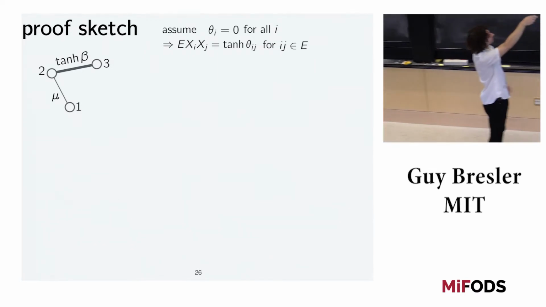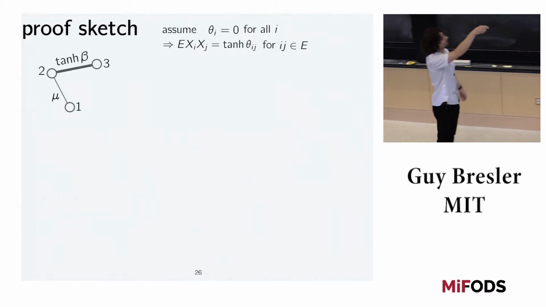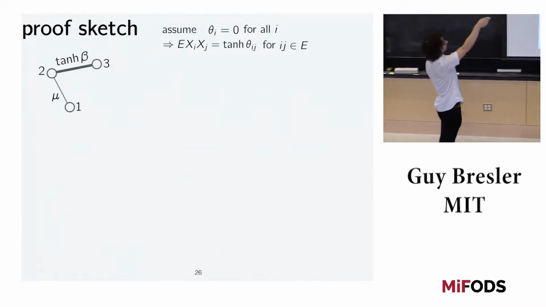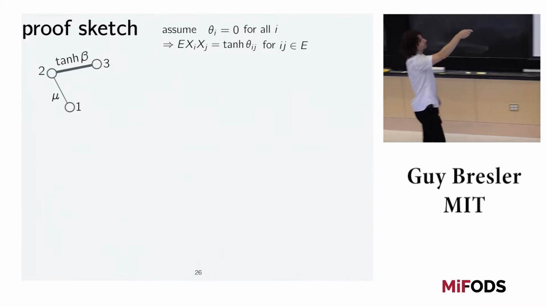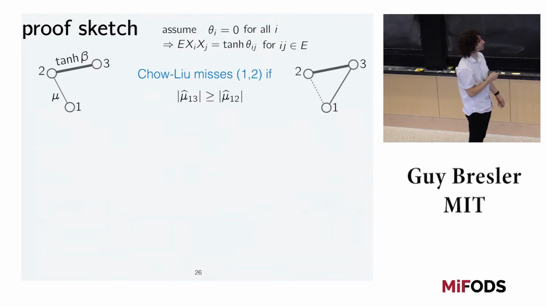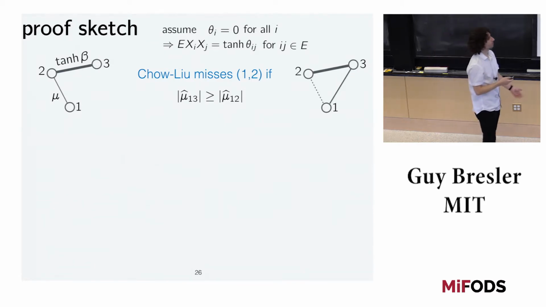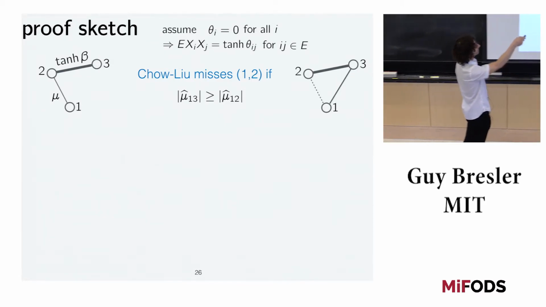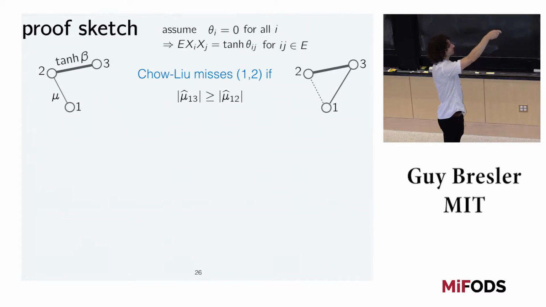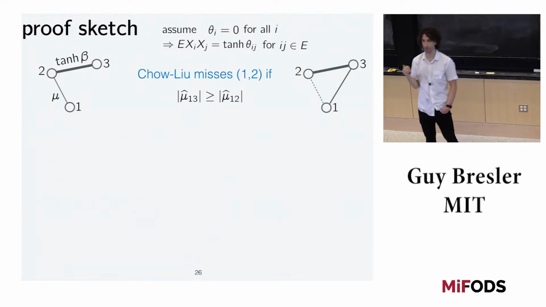So our situation is that we have these 3 nodes. There's some interaction between 1 and 2 that leads to a correlation of mu. And there is the maximum possible interaction between 2 and 3, which leads to a correlation of tanh beta. All right, so when does Chow-Liu mess up? Well, Chow-Liu messes up if mu 1,3 hat, the empirical correlation here, which is monotonically related to the mutual information.